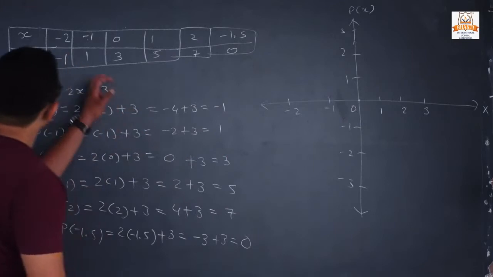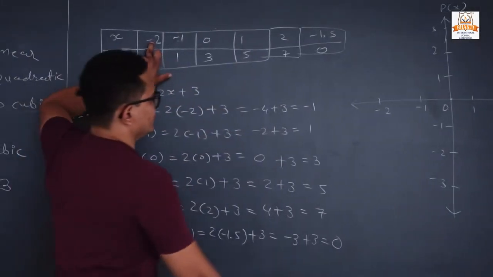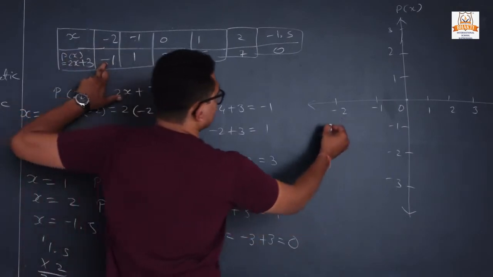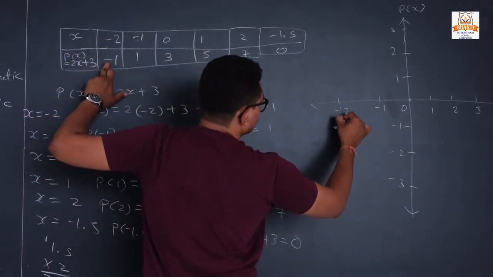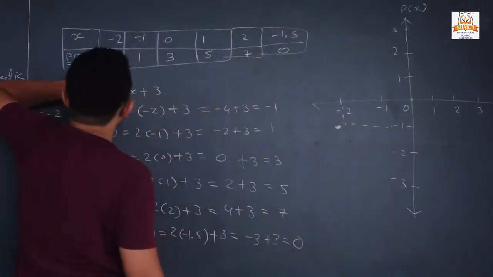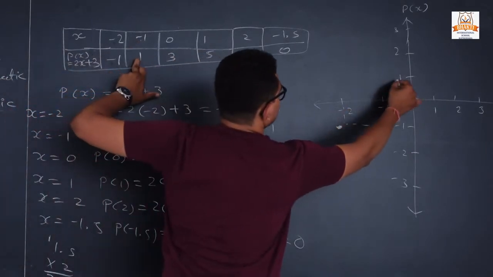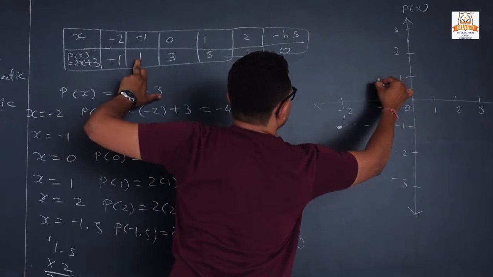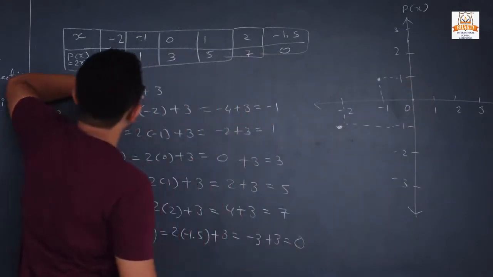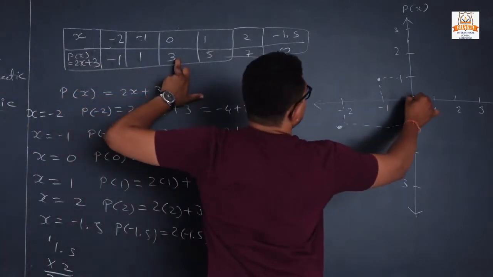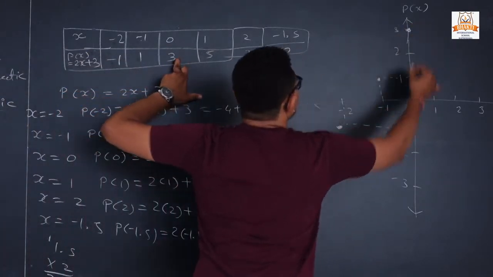First of all, if we take x is equal to minus 2, what is the value of p of x? It will be minus 1. So the point is here. Then if we take minus 1, the answer is plus 1. Then if we take 0, the answer is 3.